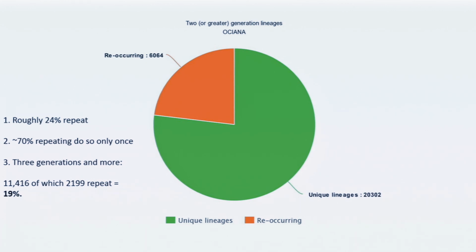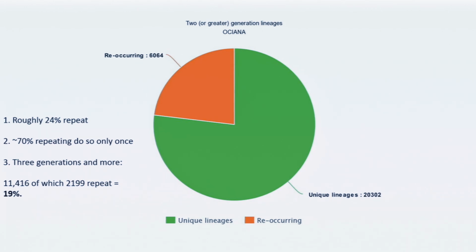That is, we wouldn't be able to say that these individuals were writing their names as they moved around through the landscape. Only 24% appear more than once. And about 70% of that 24% only appears twice. So it's not that they're constantly writing their names; they only appear twice in the corpus so far.